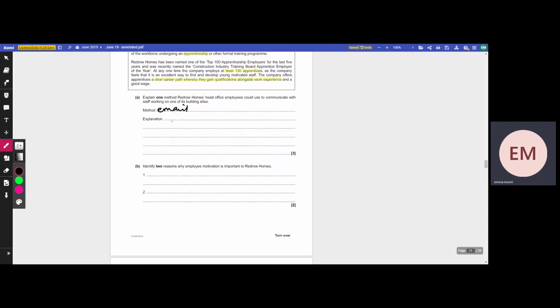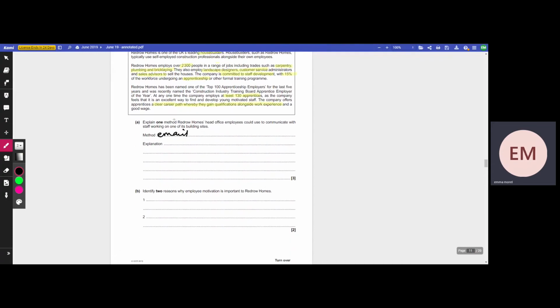Now, this is head office employees communicating to people on the building site. So we've just been told about lots of people on the building site. We've got carpenters, plumbers, bricklayers.